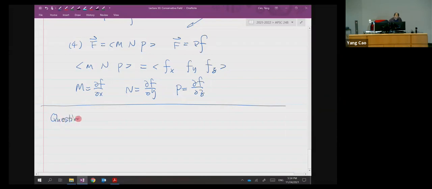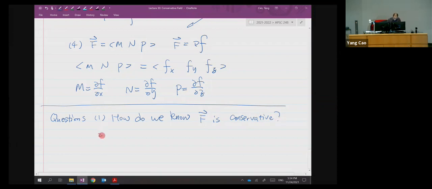It begs 2 questions actually. Number 1 question is, how do we know a certain vector field F is conservative? If you're given a vector field by a certain question, then how do I know it's a conservative field, right?